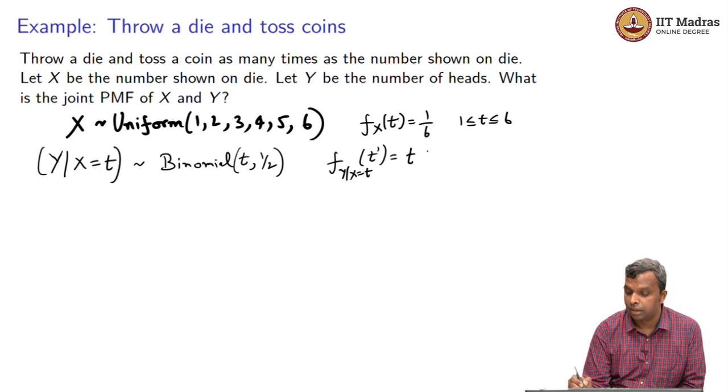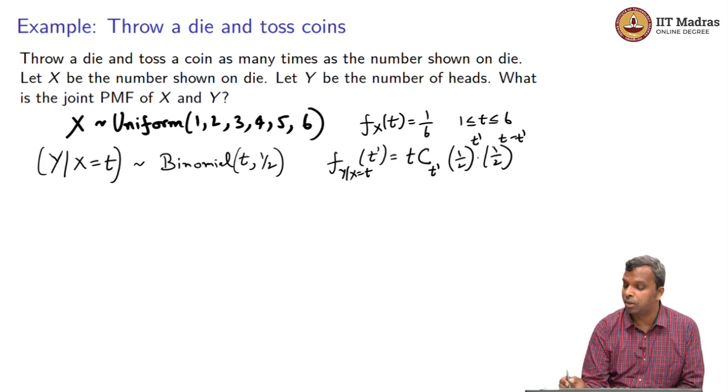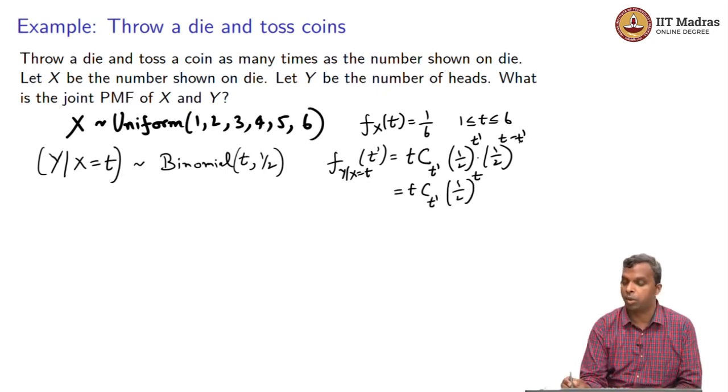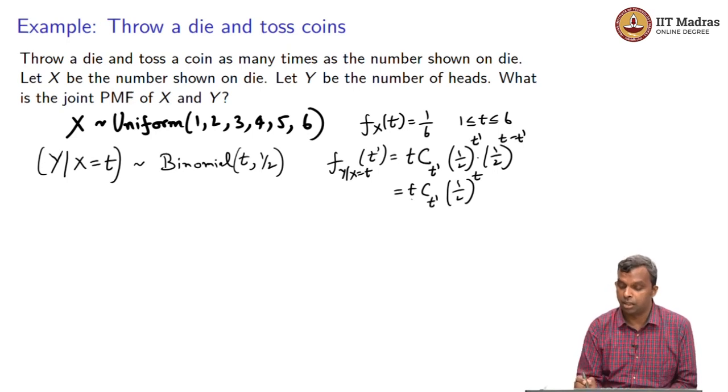I have been writing it like this, t choose t prime 1 by 2 to the power t prime times 1 by 2 to the power t minus t prime, but you can easily add these. So, you will get t choose t prime times 1 by 2 to the power t, right. So, t prime and t minus t prime you can add, you will get just t. So, this is t choose t prime 1/2 to the power t, okay.